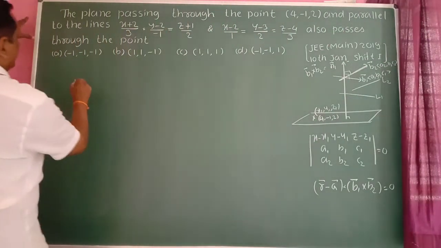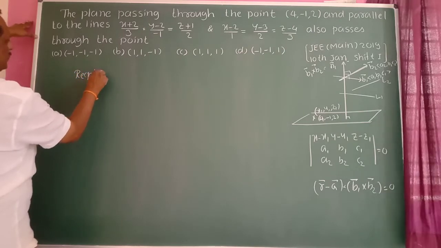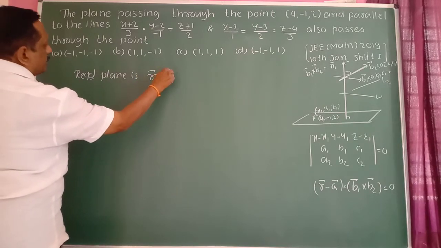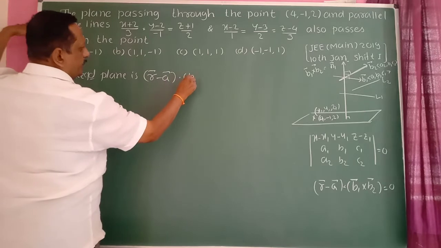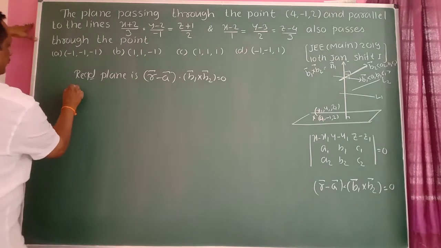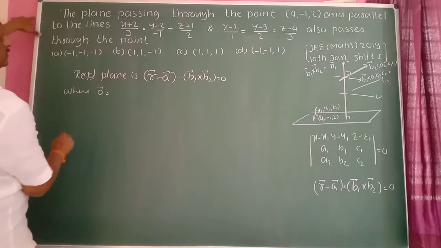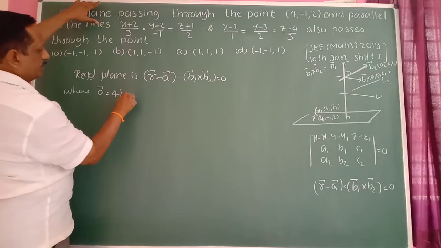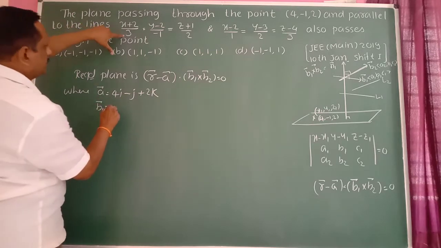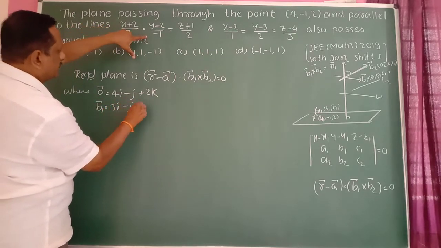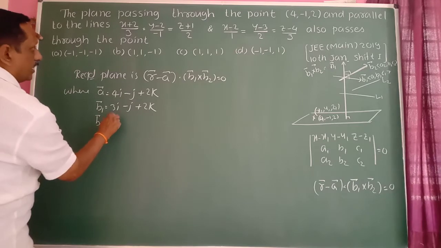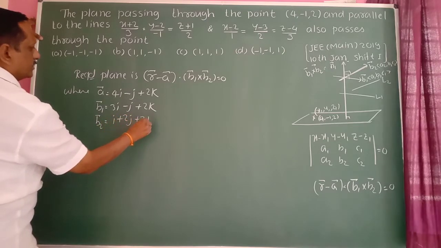Therefore, the required plane is (r bar minus a bar) dot (b1 cross b2) equals 0, where the vector a bar is 4i minus j plus 2k, the vector b1 bar is 3i minus j plus 2k, and the vector b2 bar is i plus 2j plus 3k.